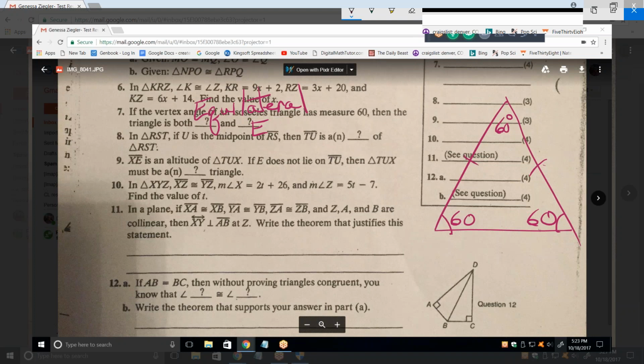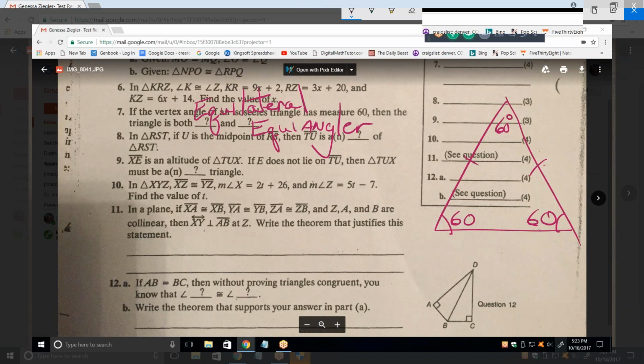So I'm not sure what they want for answers here. For the two different answers, you could say equilateral and equiangular, but once you know that it's equilateral, you don't need to specify that it's equiangular. That's given. But maybe they mean the triangle is both isosceles and equilateral.